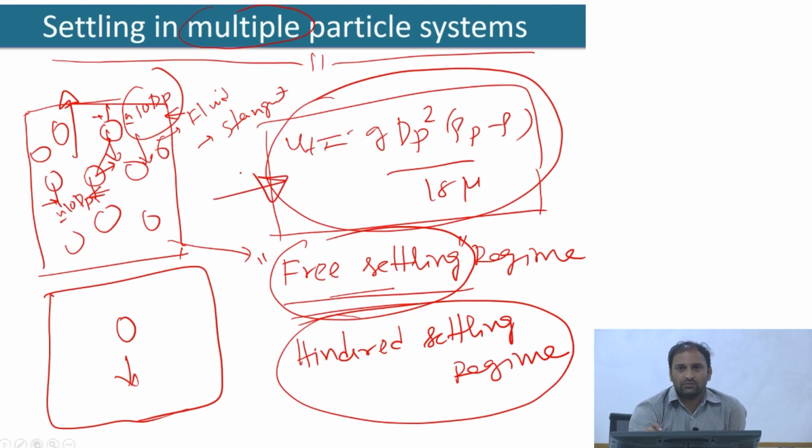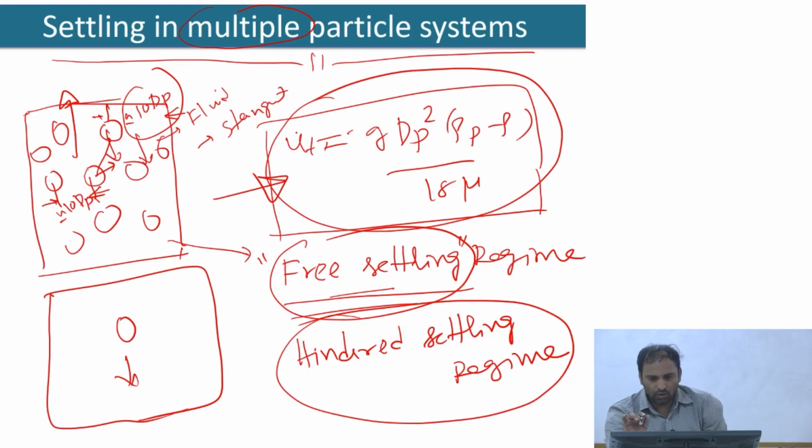Now I have this equation, and I say that this is applicable for the Stokes settling regime. Because I said that your settling velocities under hindered settling are going to be lower than the settling velocity under free settling conditions, if I calculate the Reynolds number, it will turn out that the hindered settling condition would still be in the Stokes settling regime, right?